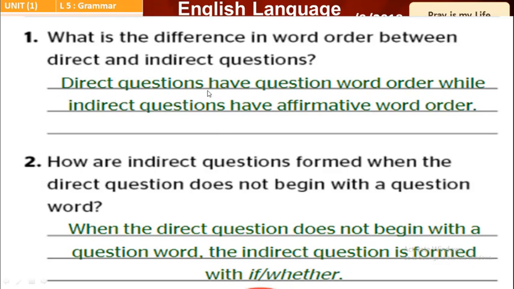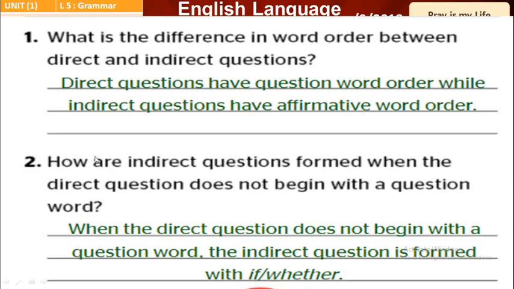Direct questions have question word order, meaning an inversion between the verb and the subject, while indirect questions have affirmative word order, meaning we keep the same order as in ordinary sentences.